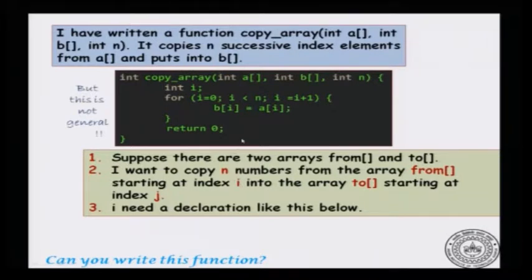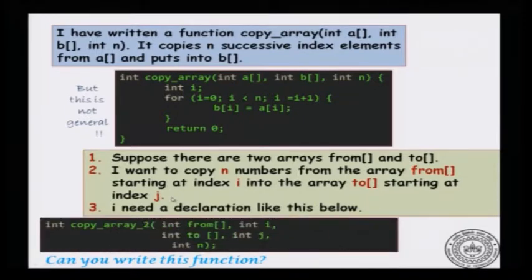The earlier code solved the problem from index 0. In general I want to copy from index i of from, n elements into the location starting at index j in to. The earlier function assumed that i and j were both 0. In the general function I want arbitrary i and arbitrary j.